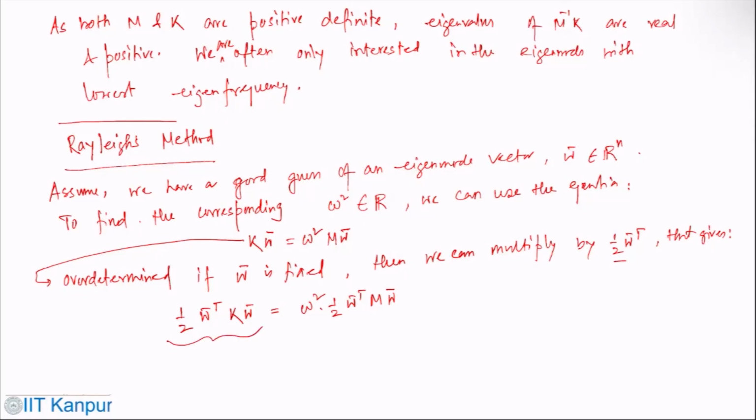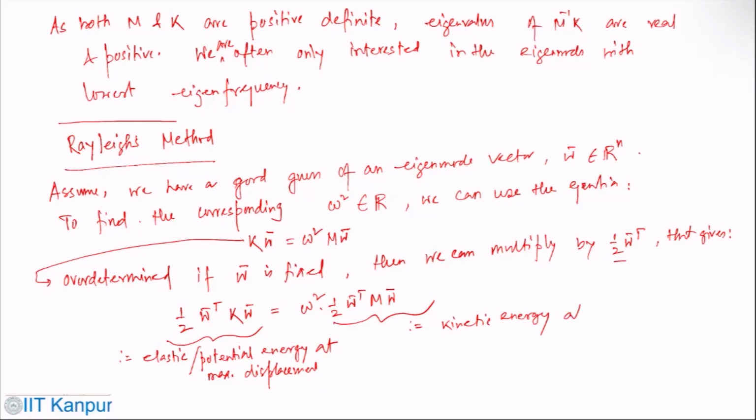Now, this component is essentially nothing but the elastic or potential energy at maximum displacement, and this is the kinetic energy at max speed, which is zero displacement.